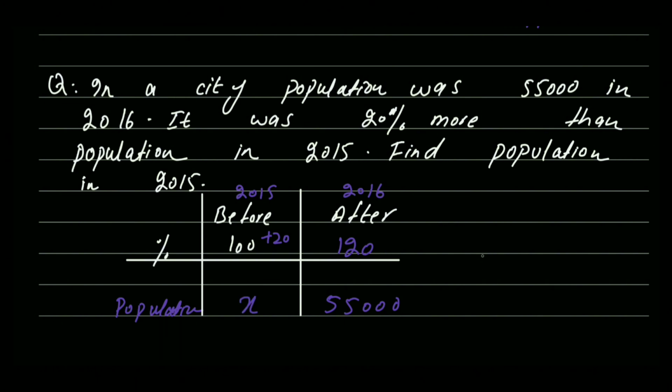Simple, we will do cross multiplication. 120x is equal to 55,000 multiplied by 100. X is equal to 55,000 multiplied by 100 over 120.